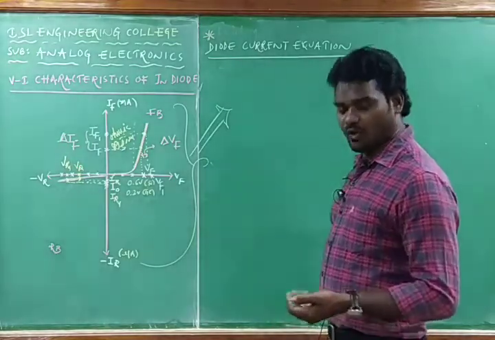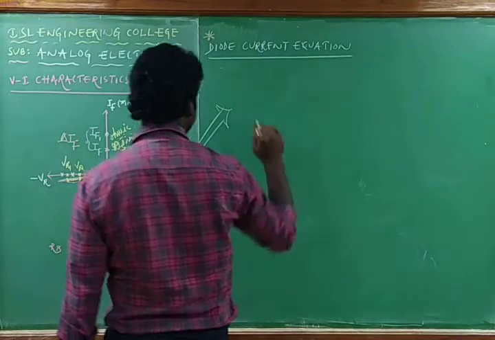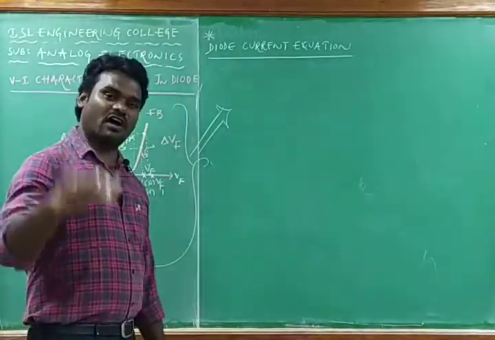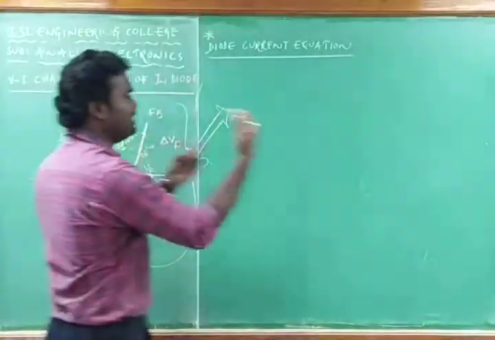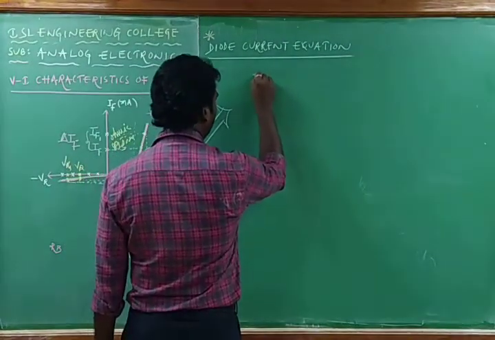The diode current equation describes the current through the PN junction diode when it is connected in forward bias and reverse bias.